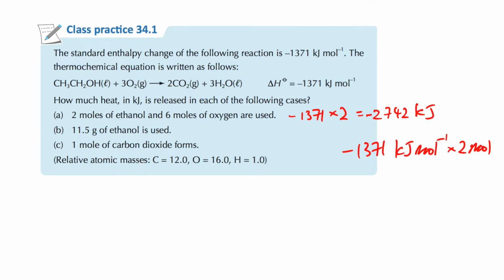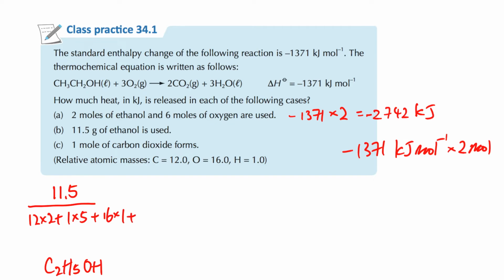Now part B, we have 11.5 of ethanol used. That means how many mole? I don't know. Anyway, 11.5 over the molar mass of ethanol. Ethanol is C2H5OH, so it will be 12 times 2 plus 1 times 5 plus 16 times 1 plus 1.